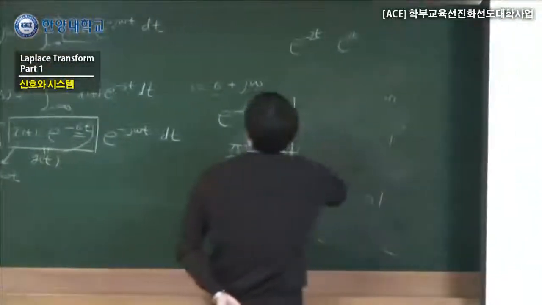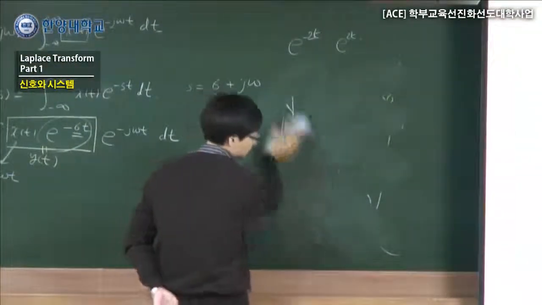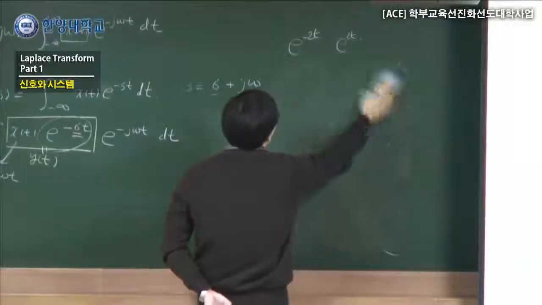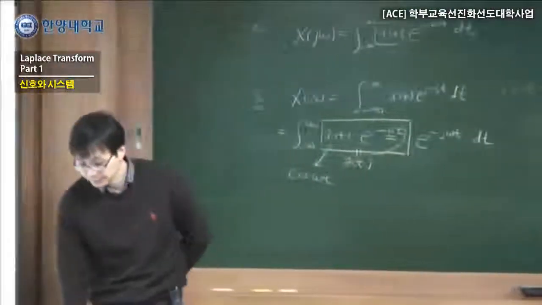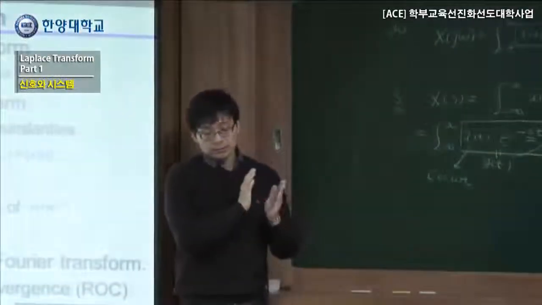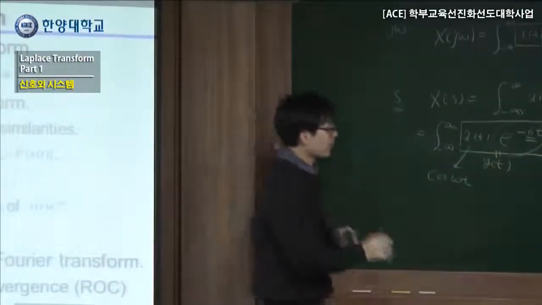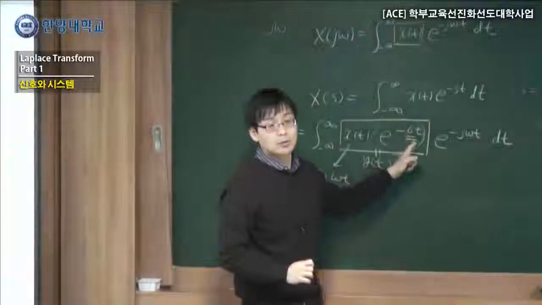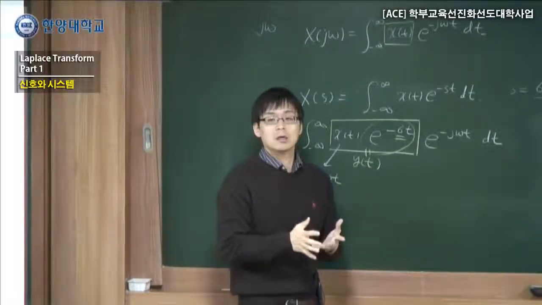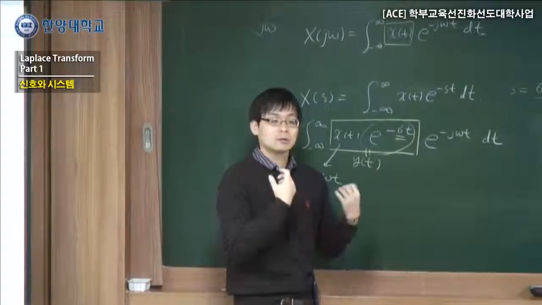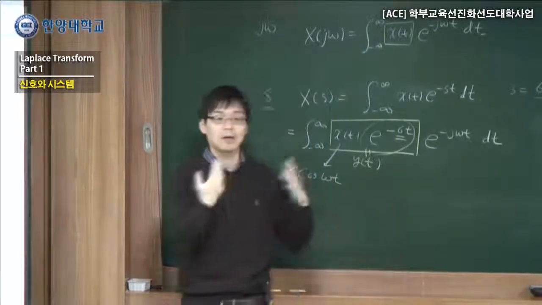So let's think about that. Once again, the polarity of this delta directly influences whether you have convergence or divergence.